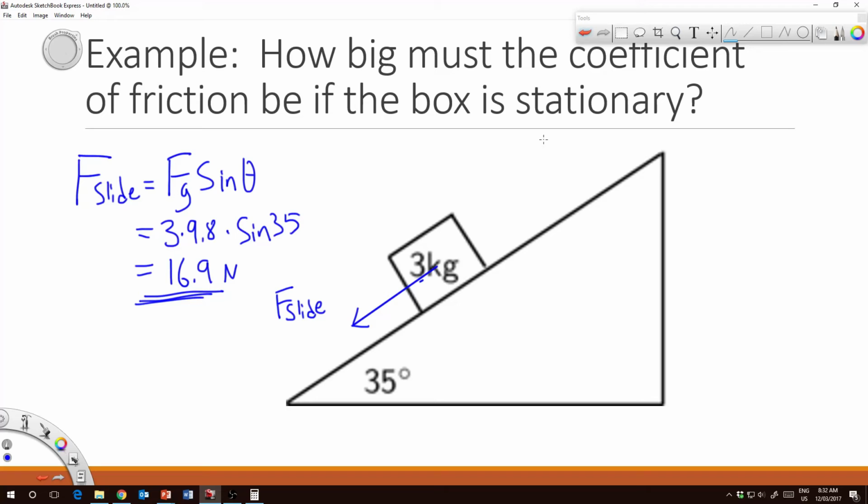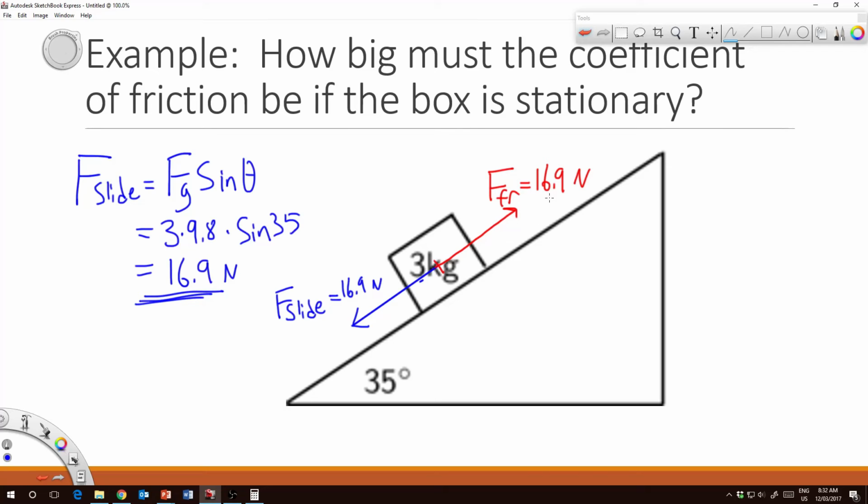All right. Now, in order for the box to remain stationary, we need a force of friction that is at least equal to that. So if I want it to stay stationary, the force of friction must equal 16.9 newtons, because we know my sliding force is equal to 16.9 newtons.